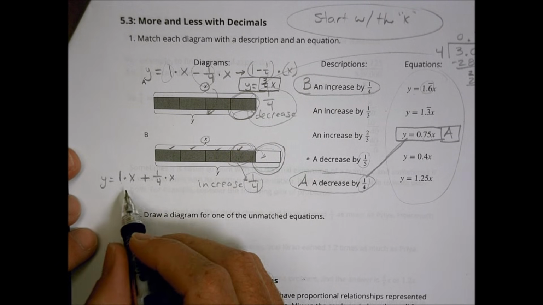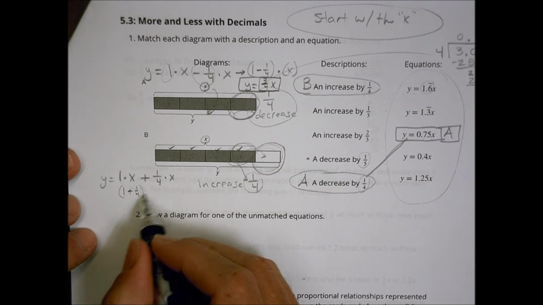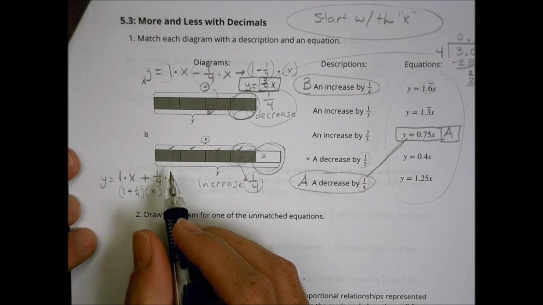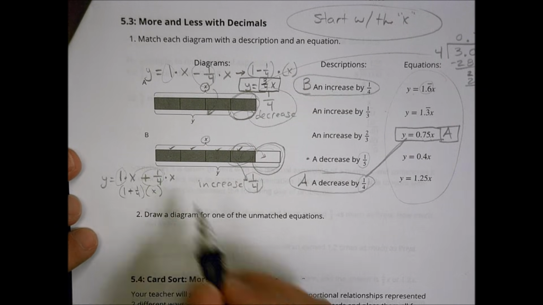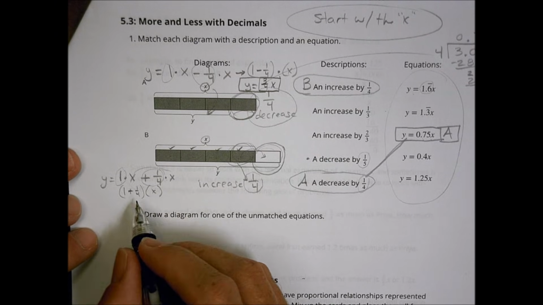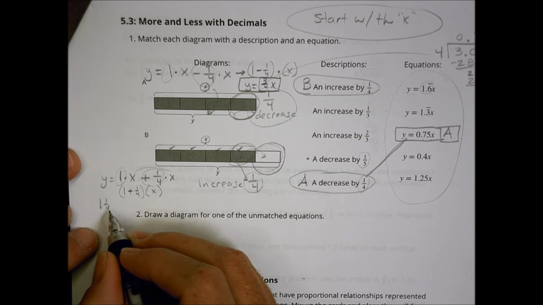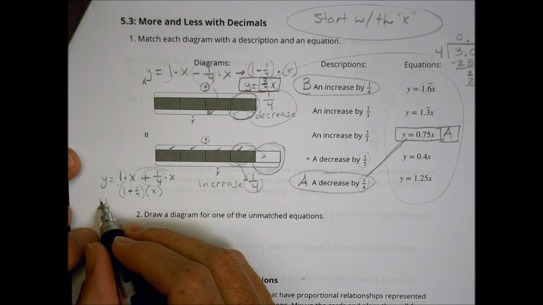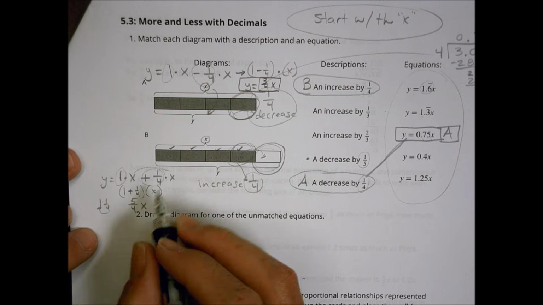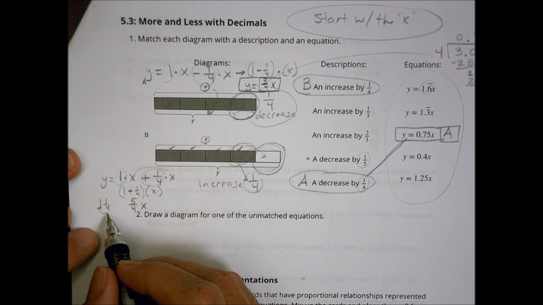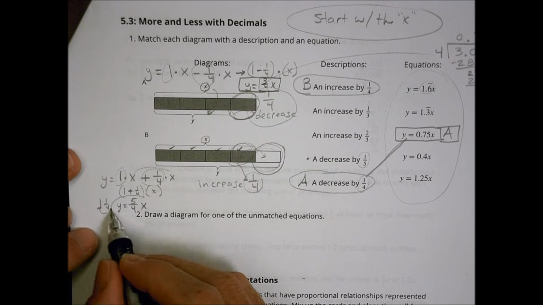Now I can do my distributive property, and I have 1 plus 1/4 times an x. Just grouping those things together. 1 plus 1/4 is 1 and 1/4. That's one way of writing it. It's also 4 times 1 is 4 plus 1 is 5/4. So it's also 5/4 x, depending on how you want to write that. So y equals 5/4 x.